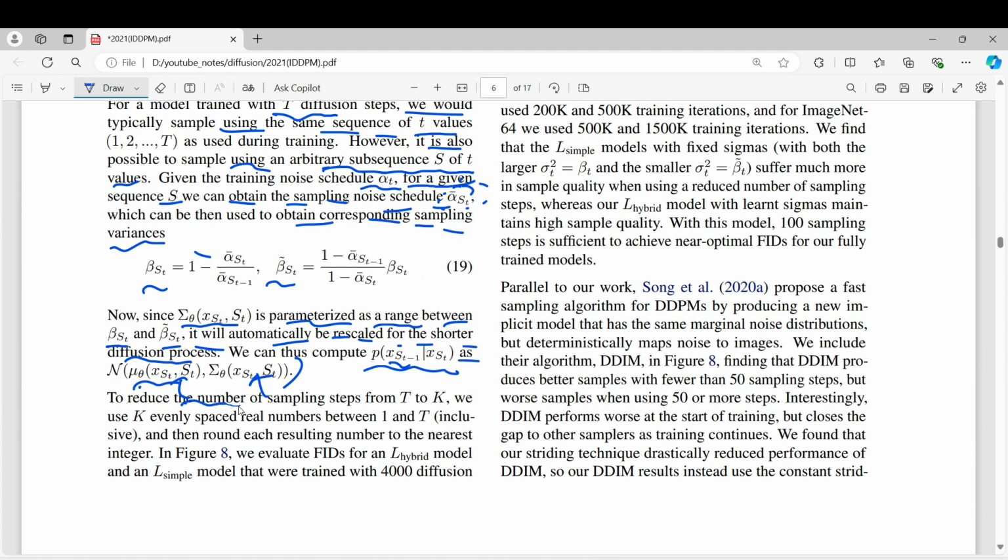To reduce the number of sampling steps from T to K, we use K evenly spaced real numbers between 1 and T. They evaluate the FIDs for the L hybrid model and L simple model that were trained with 4000 diffusion steps.